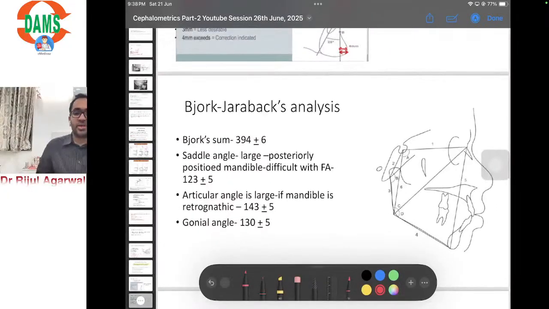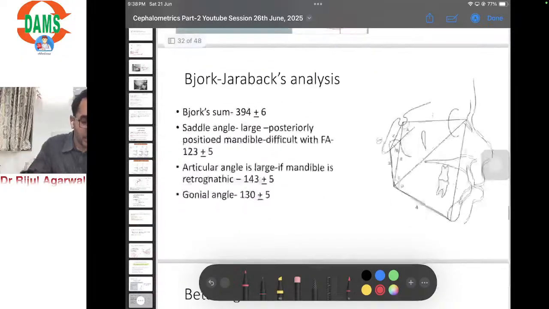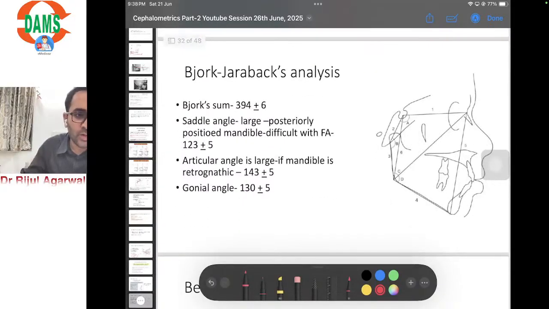Okay, next comes the Jarabak analysis. So again a very important analysis in terms of the position of the mandible with respect to the cranial base. So he took up 3 angles: the saddle angle, the articular angle, and the gonial angle.